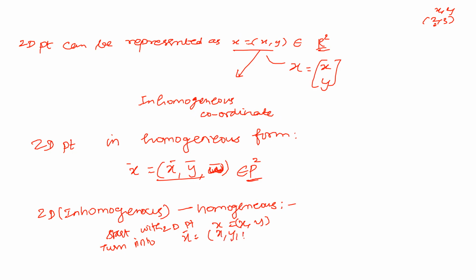So (x, y) is the point in real space, and (x, y, 1) is in projective space. We can also multiply by values: (2x, 2y, 2) is equivalent to (x, y, 1), because we are multiplying the value 2 with all the parameters. So we can represent (x, y) as (x, y, w). This is inhomogeneous to homogeneous.